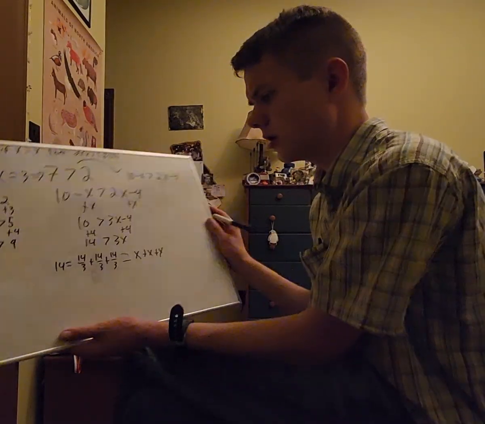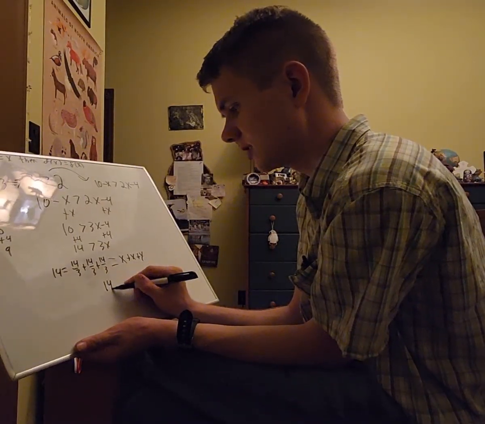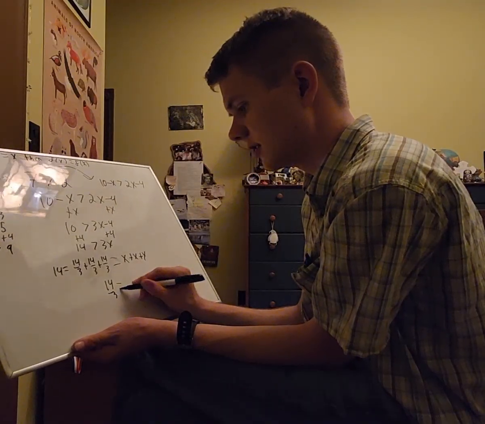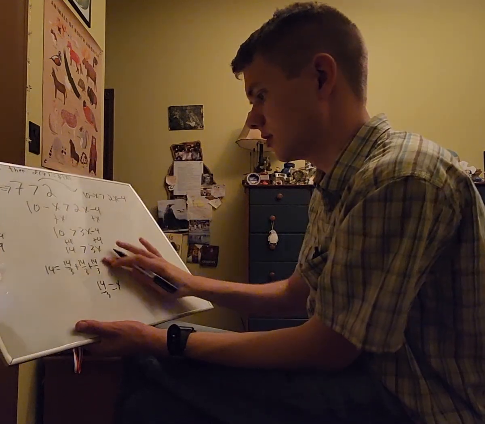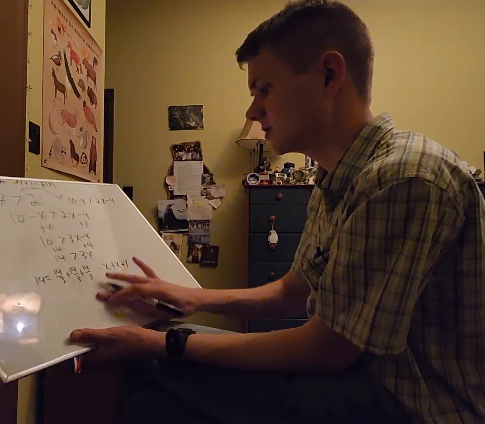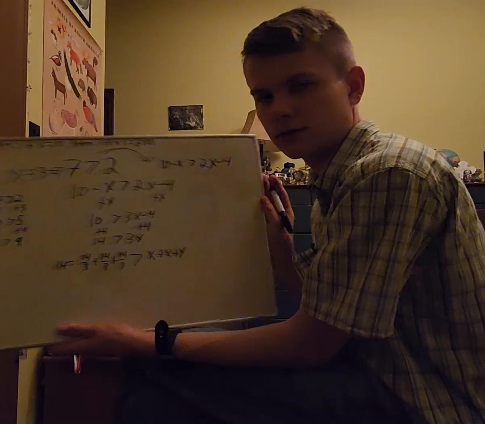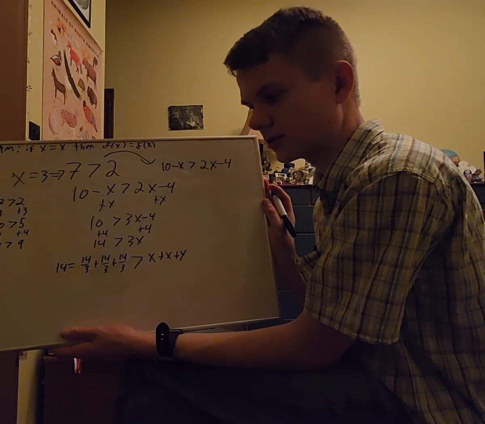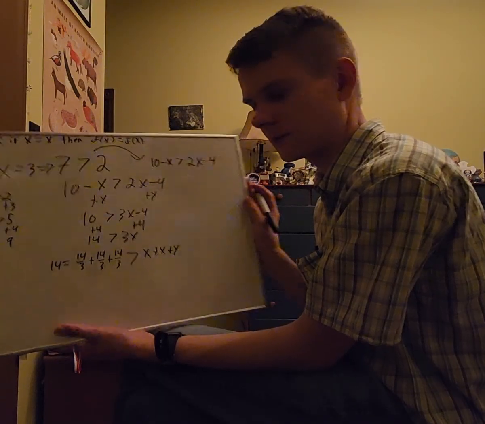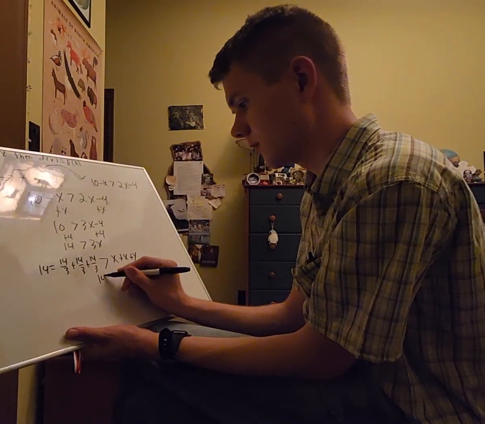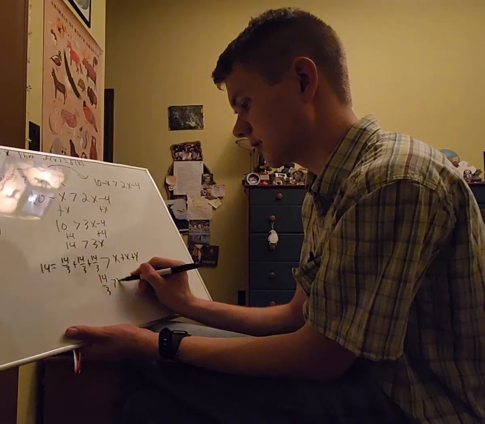Hopefully that makes sense. Oh my gosh, I'm so sorry. This is greater than. So 14 thirds plus 14 thirds plus 14 thirds is greater than x plus x plus x. Okay? So 14 thirds is greater than x.